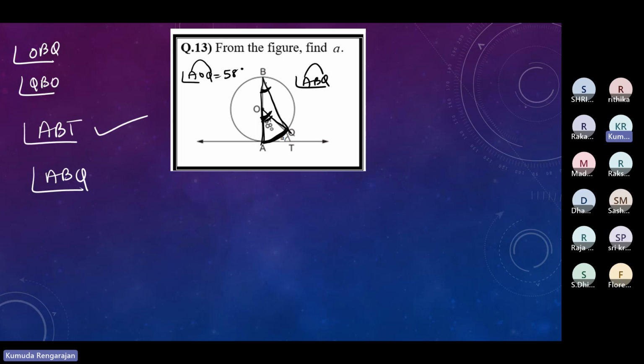So if this is 58, how much is this? 29, ma'am. This is 29 degrees. Now, what's the measure of angle BAT? 90 degrees, ma'am. BAT is 90 degrees. Can you see the triangle BAT?